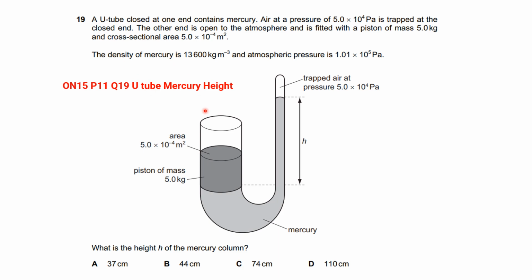The density of the mercury is 13,600 kilograms per cubic meter, and the atmospheric pressure is 1.01 times 10 to the 5 pascal. What is the height h of the mercury column?